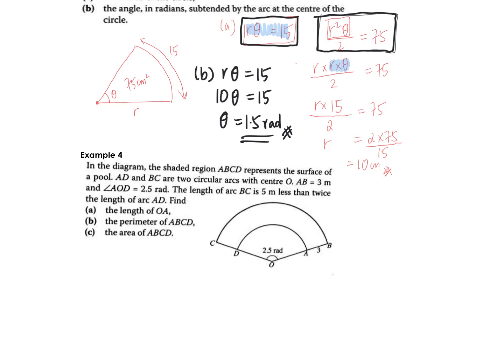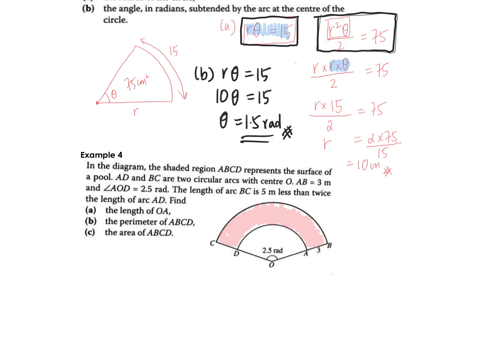Okay, next one. It says the shaded region ABCD. Although on your diagram it's not shaded, apparently what they mentioned here is the shaded region. It represents the surface of a pool. AD and BC are two circular arcs. AB is 3 and angle AOD is 2.5 radian.